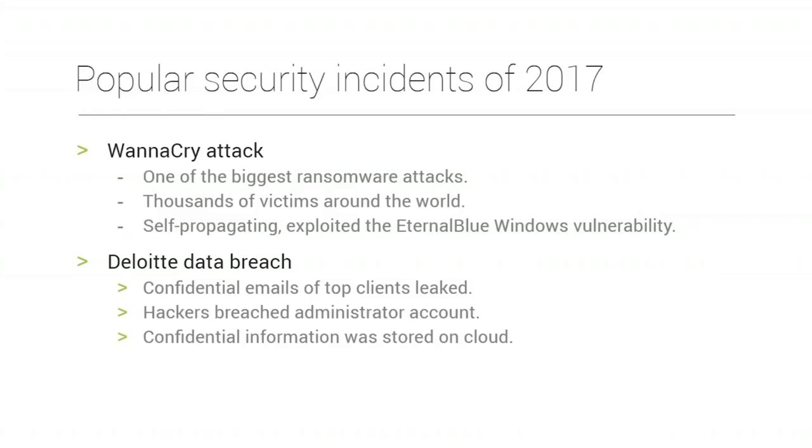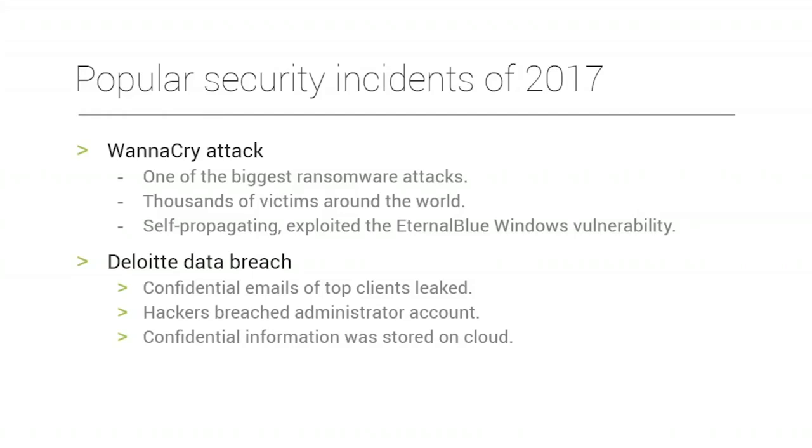The attackers were able to gain access to Deloitte's network by hacking into an administrator account, which just needed a password. Like, it just needed a password to be hacked into. So several cybersecurity experts were of the opinion that this attack basically happened because even an important administrator account did not have two-factor authentication set up.